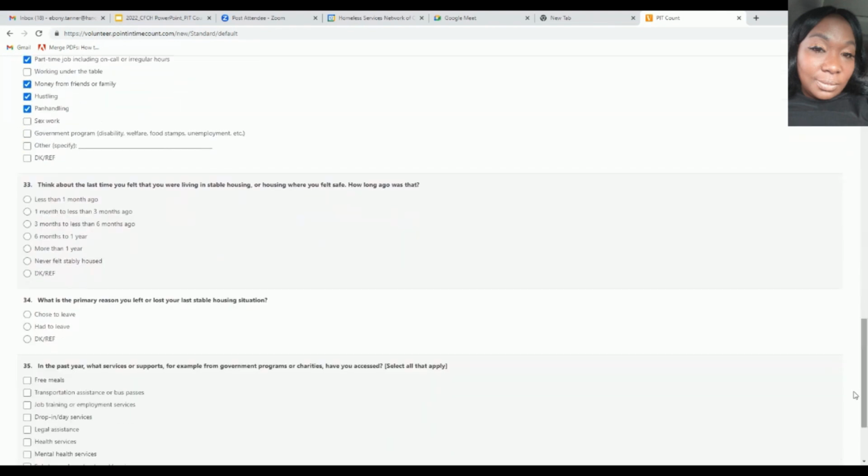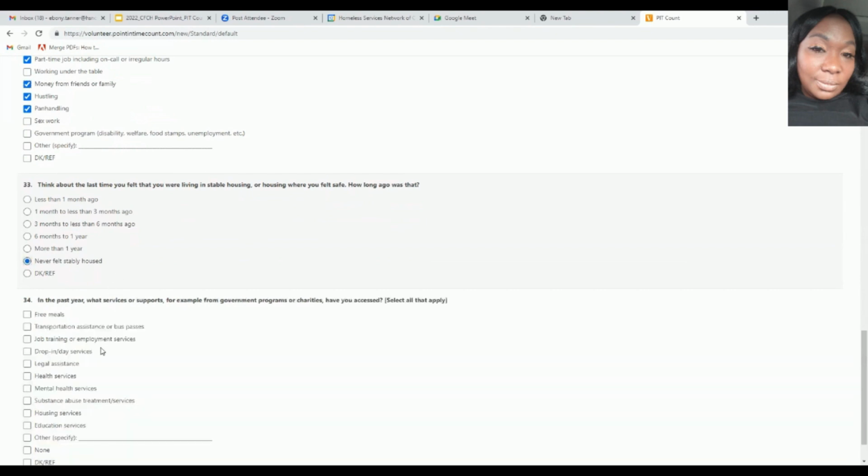Think about the last time you felt that you were living in stable housing or housing where you felt safe. How long ago was that? Again, you can utilize asking if it was in the summer, if it was in the fall, near a holiday, or they've never felt stably housed. And then that prompts more questions.